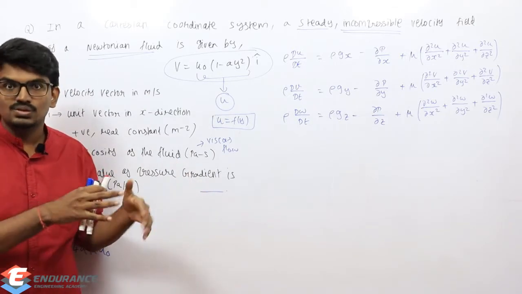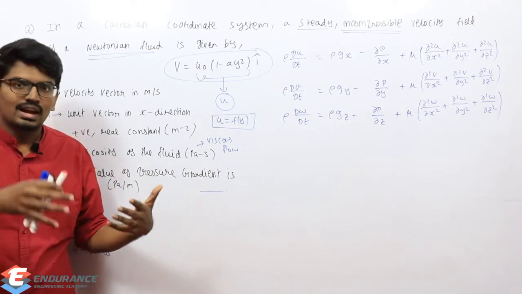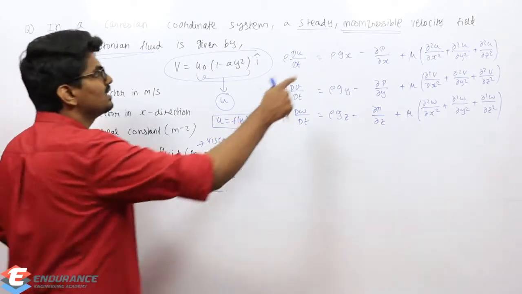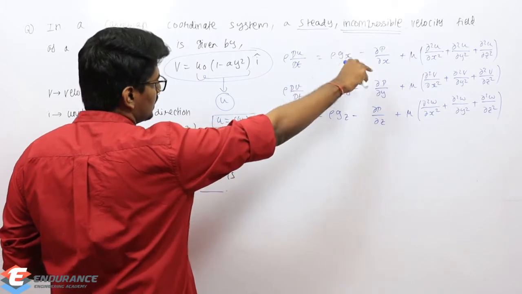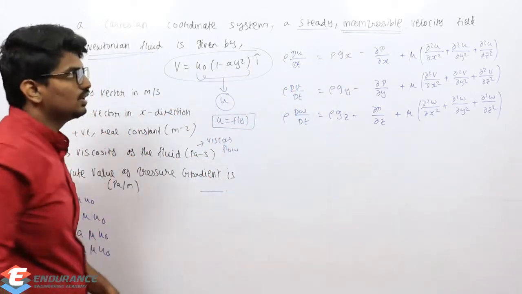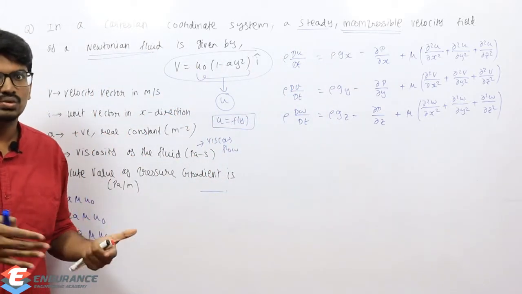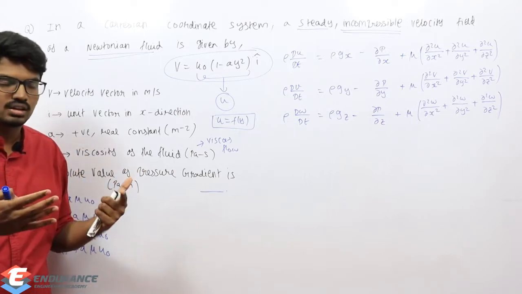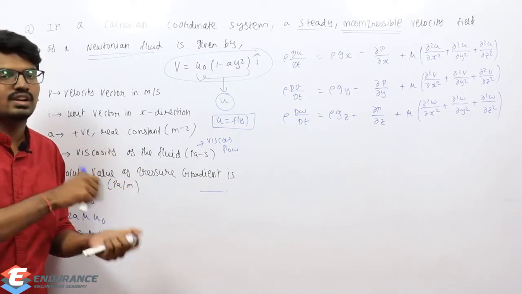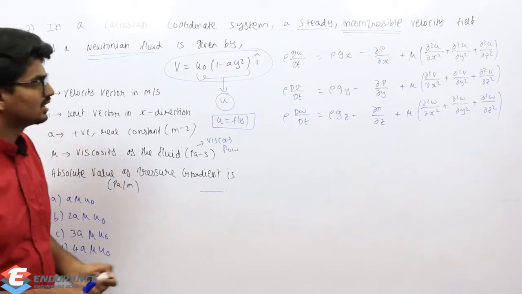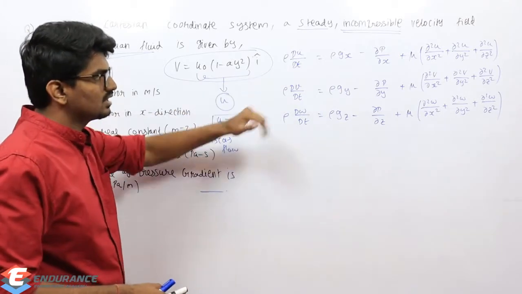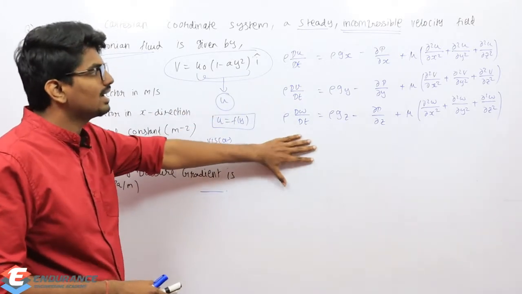So I need to use the Navier Stokes equation only, and moreover they mention it is incompressible, and also Newtonian. So we can use the incompressible Newtonian fluid form of Navier Stokes, and that is this. These are the three equations, Navier Stokes equation for an incompressible flow field.